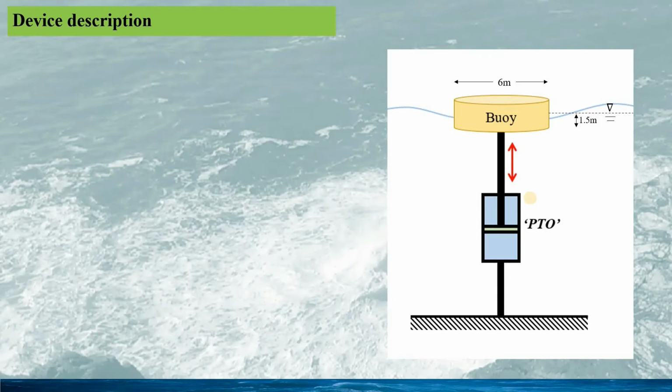That is, the wave energy extraction. In principle, the buoy may have other motions such as surge and pitch, but these motions have little influence on the wave energy conversion. Thus, for simplification, only heave motion is considered here.